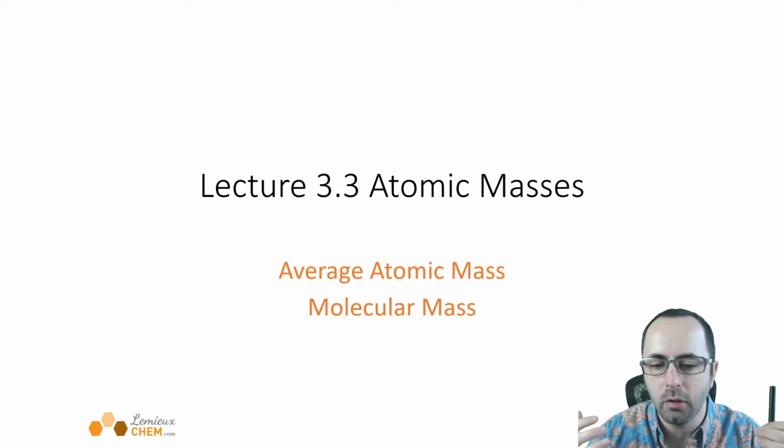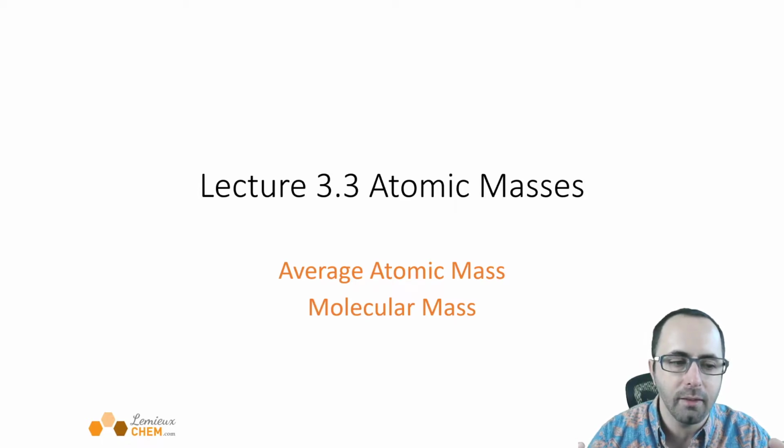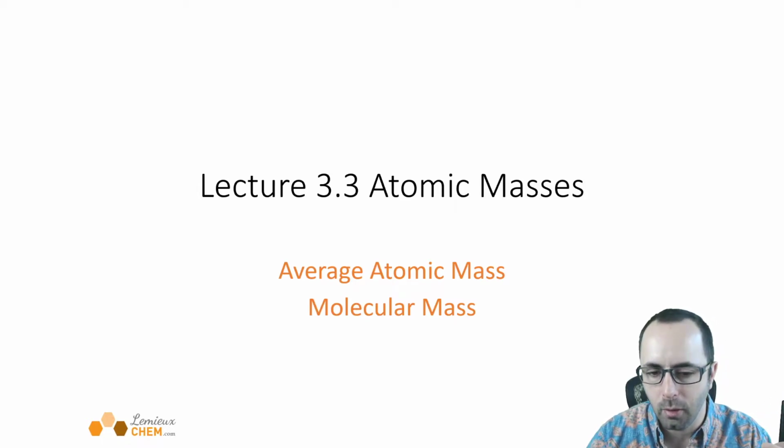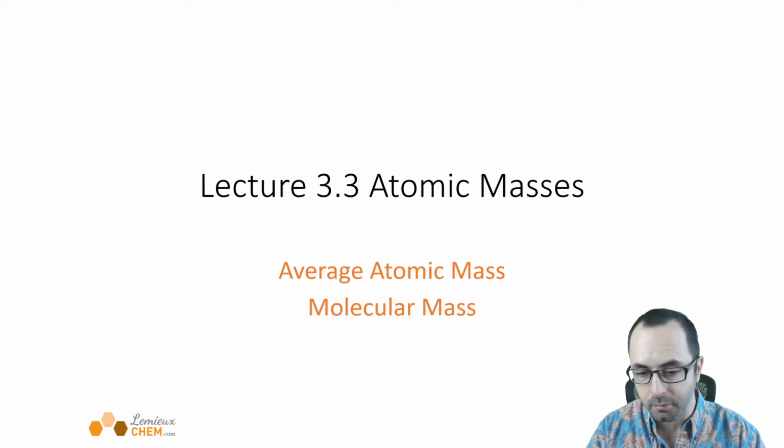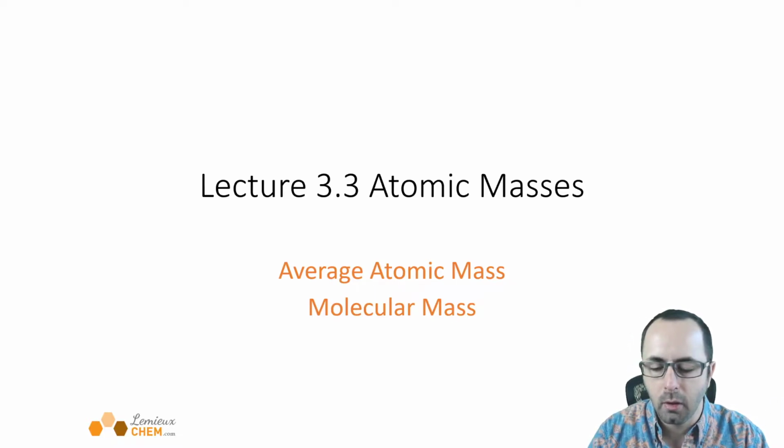This is going to be referred to as the average atomic mass, and that's the number on the periodic table I was pointing out at the end of last lecture. We'll also be looking at a concept called molecular mass. We'll introduce the word molecule, which is a kind of collection of atoms, and we'll talk about how we can find the mass for an entire molecule and all the atoms within it.